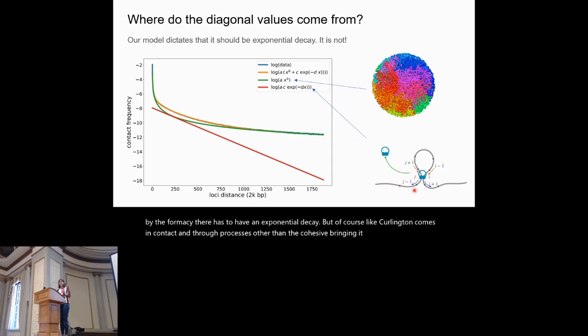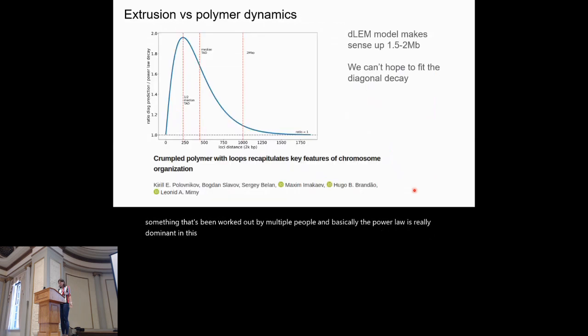It can come into contact randomly based on its polymer dynamics, and that gives you a power law, which has been worked out by multiple people. The power law is really dominant in this data. So there's only a very small window where loop extrusion even contributes to the diagonal decay, and it's still tiny.